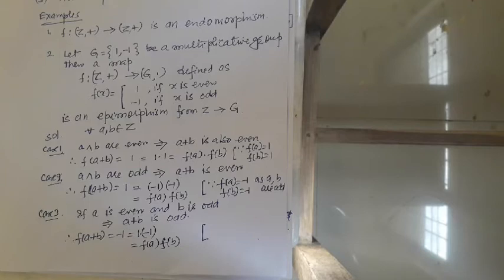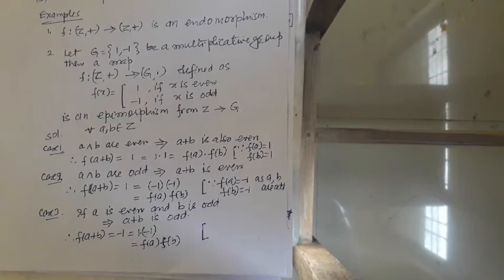Case third, either one is even and the other is odd. Then the sum of a and b is odd, so the image of a plus b under the function is equal to minus 1. This minus 1 can be written as 1 into minus 1. Initially we considered a is even, so f of a is equal to 1, and f of b is minus 1.